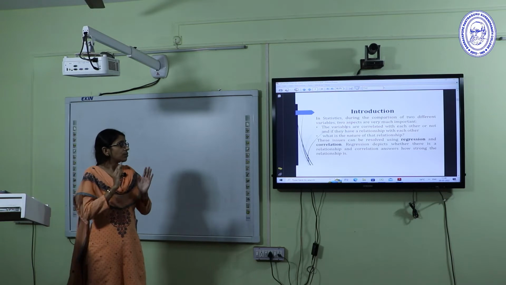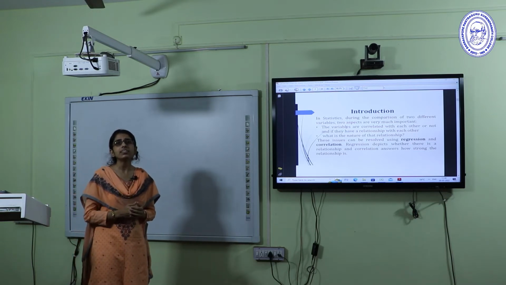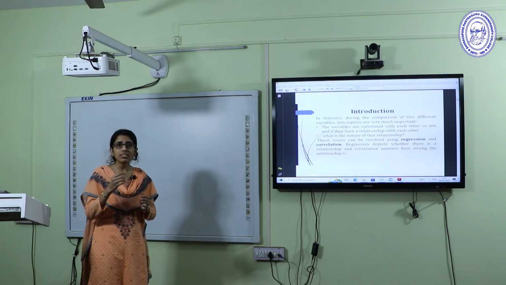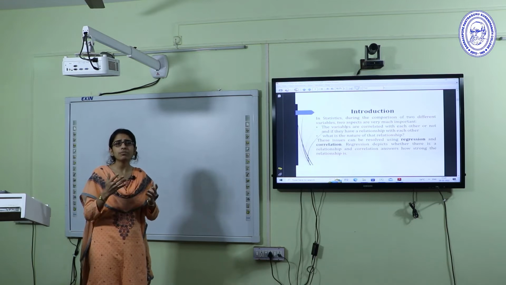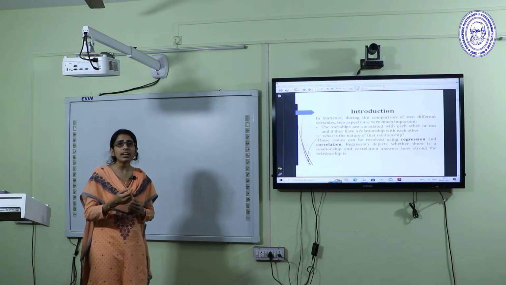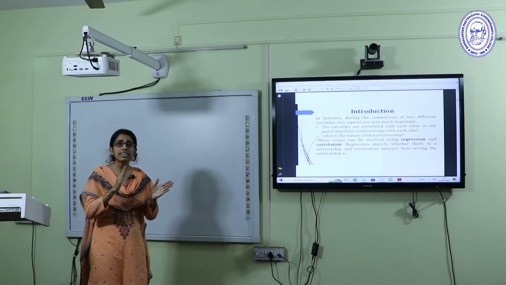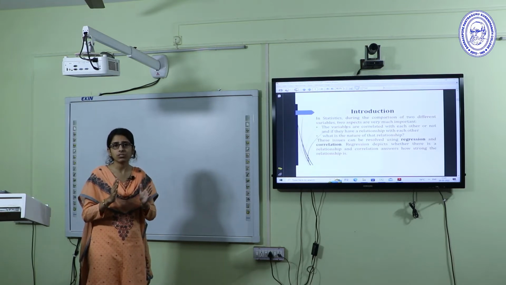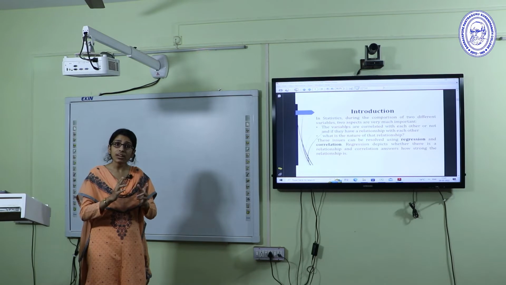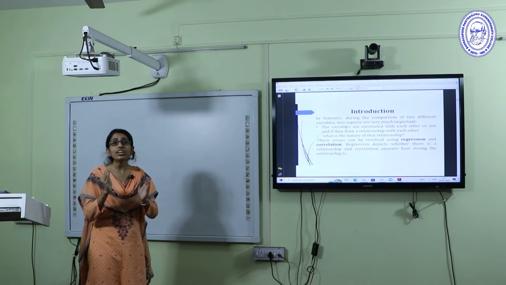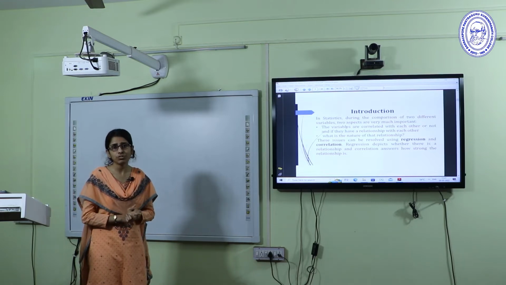So, first of all, in statistics, when we want to determine the relationship between two variables or different types of variables, two questions generally come to our mind. The first one is whether any relationship exists between those variables or not, and if the relationship exists, then what are the nature and form of that relationship?